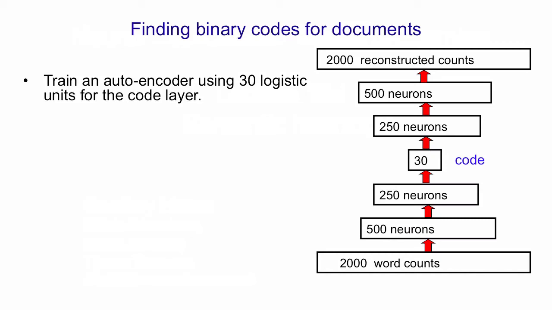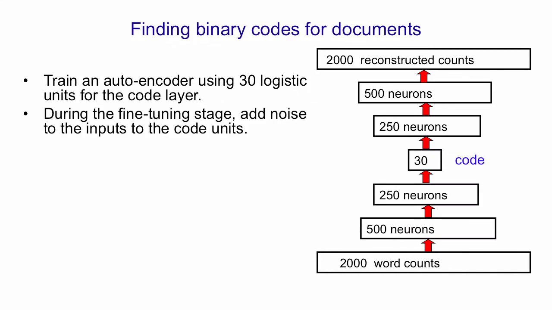That by itself is not sufficient because the logistic units will be used in their middle ranges where they have real values in order to convey as much information as possible about the 2000 word counts. To prevent that, we add noise to the inputs to the code units during the fine-tuning stage.